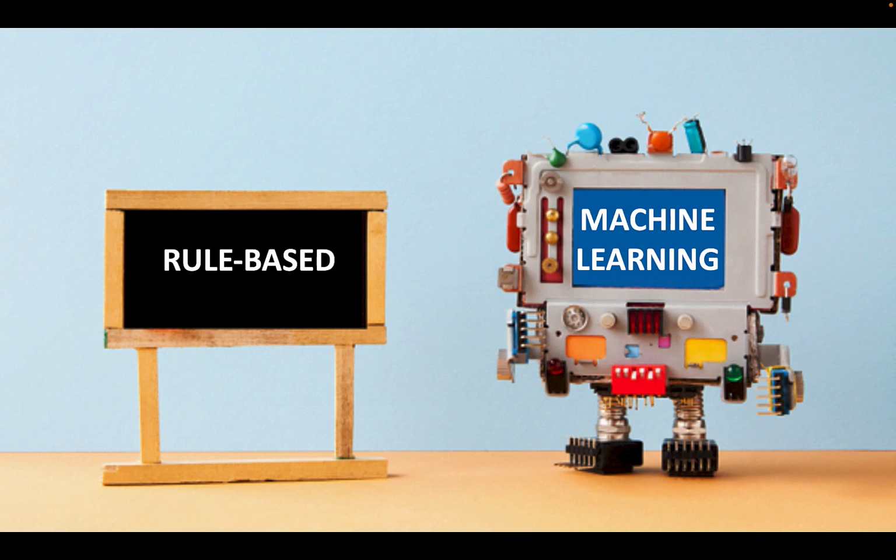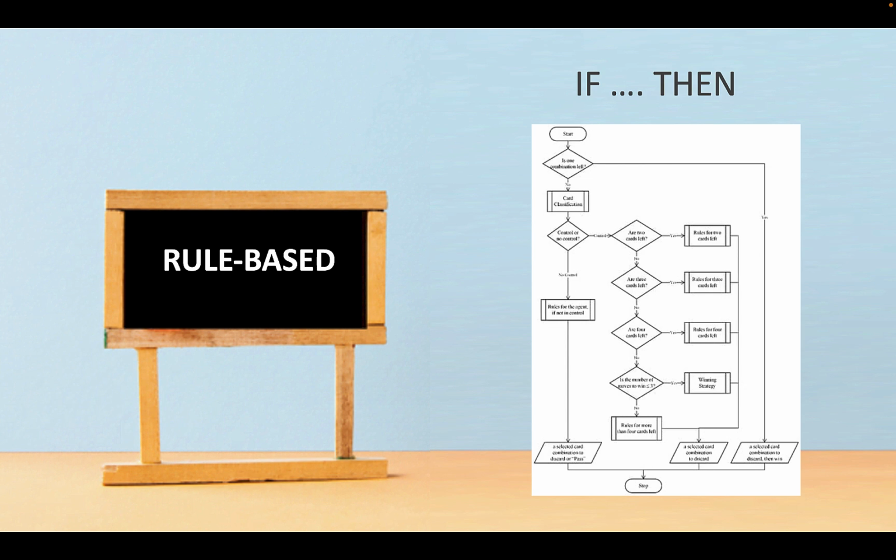Important is that you know that there are two ways to develop this kind of system. One is rule-based, the other is machine learning. The rule-based approach is about programming. This is developing code where you refer to terms: if this situation, then that situation, and you build an algorithm.